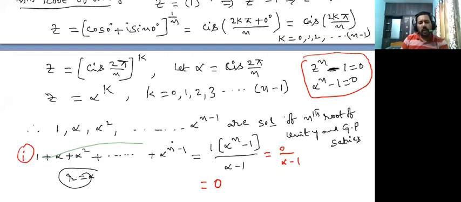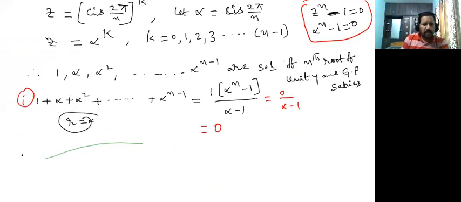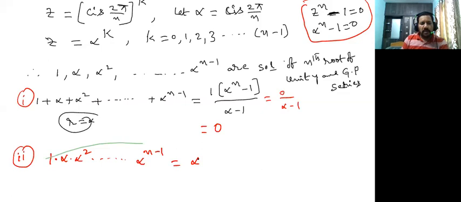What about the product of nth roots of unity? Product of nth roots of unity, that is 1 into alpha into alpha square and so on, alpha power n minus 1. Now, bases are equal, so powers should be added. 1 means no need to add.